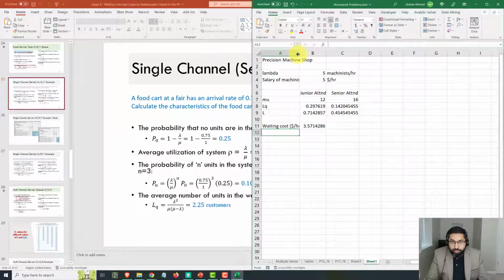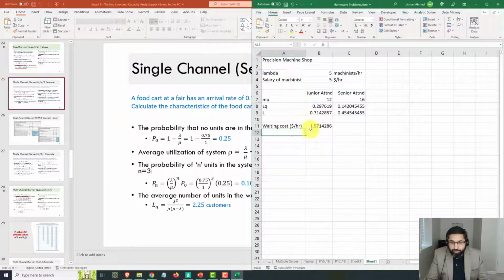So each hour the system operates, we are spending $3.57 because the machinists are stuck getting their tools and they're not able to work.